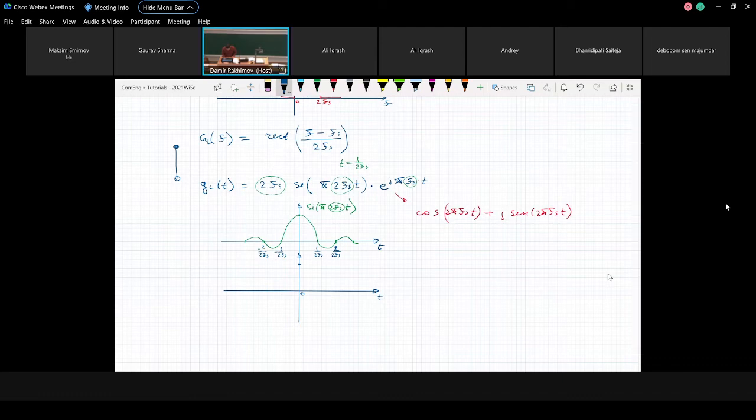If we substitute t equals 1 over 2 fs, the cosine argument equals pi. What is the value of cosine at pi?